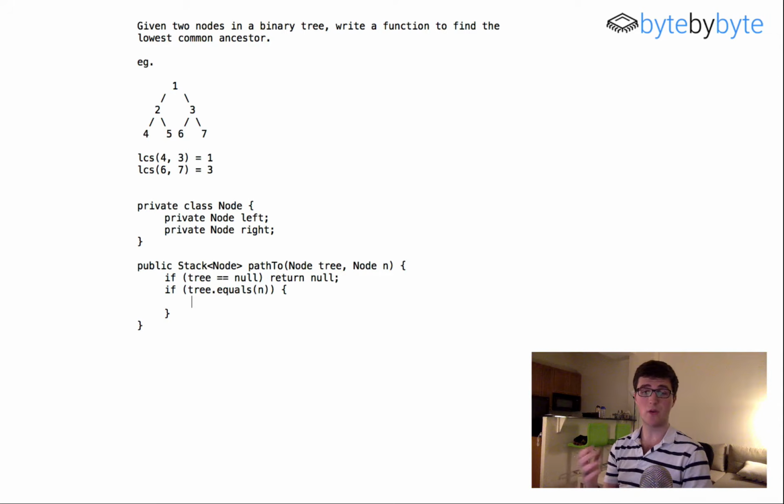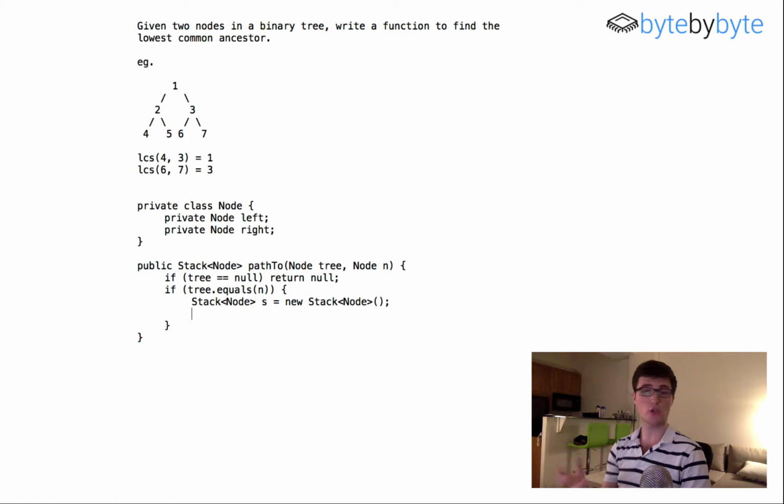And if it's equal, I want to create a new stack and then push the node onto the stack. And then that's going to be the stack that I'm going to return up and push items onto as we go up the stack. So all we have to do is just create a new stack. I'll do stack of nodes, and I'm just going to call it s, and it's going to be a new stack of node.